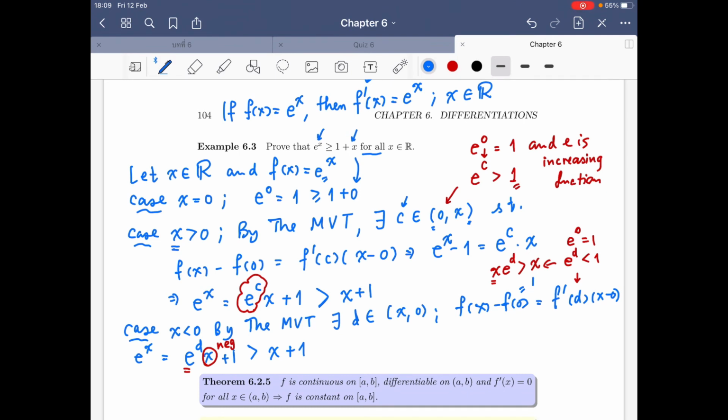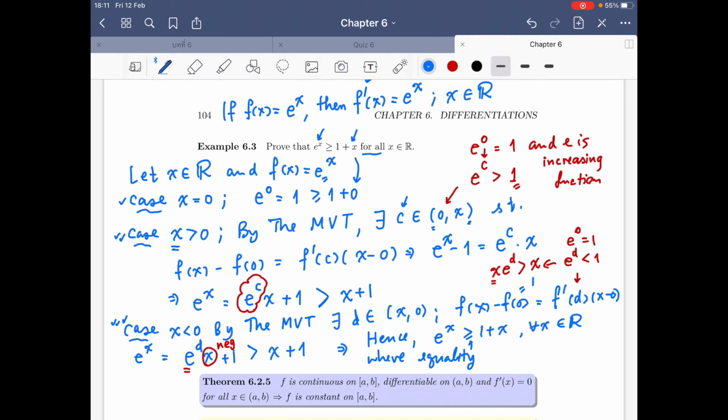All right, so from the cases x equals 0, x positive, or x negative, we can conclude that e to the x is greater than or equal to 1 plus x for all real numbers x.